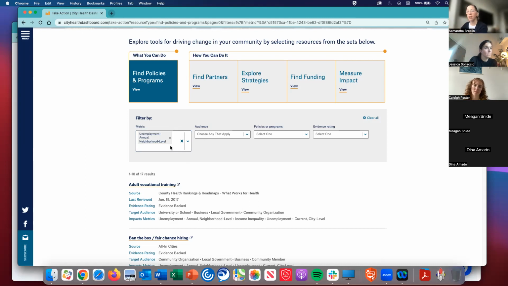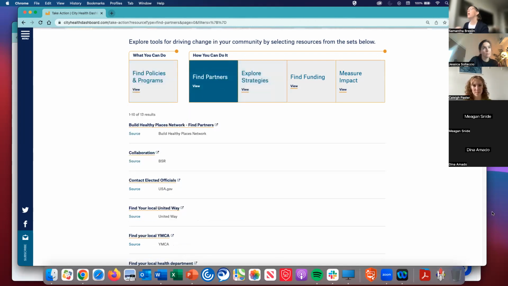Everything on this part of the site is evidence-backed or a promising practice. It was curated by us to highlight only tools, resources, and strategies created by organizations that we trust. So you can trust that everything here is pretty rigorously collected.